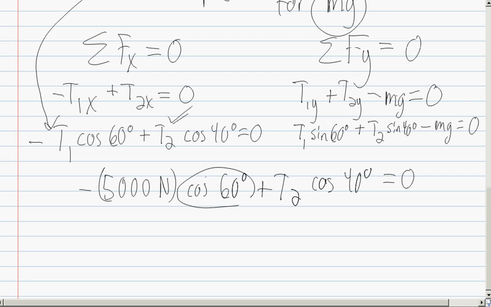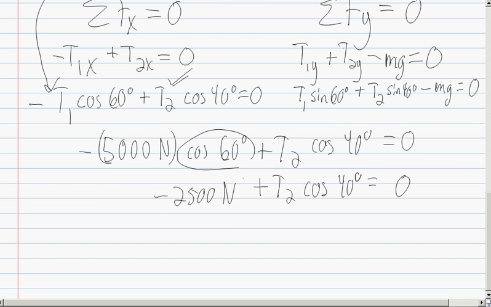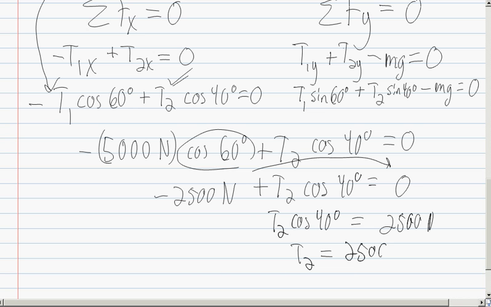So it'll be 5,000 times a half, which is 2,500 newtons, plus T2 cosine 40 degrees equals 0. I'm going to move this over to the other side, so 2,500 newtons equals T2 cosine 40 degrees. T2 is 2,500 divided by cosine of 40 degrees.